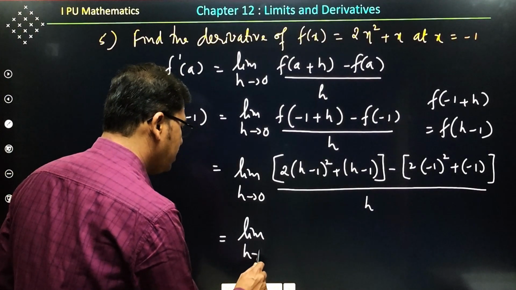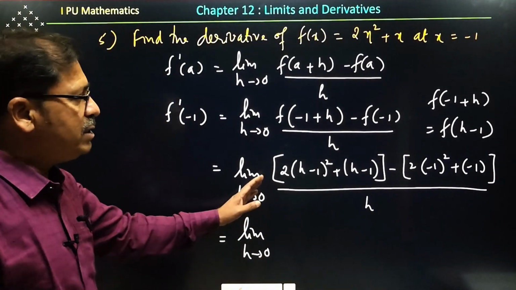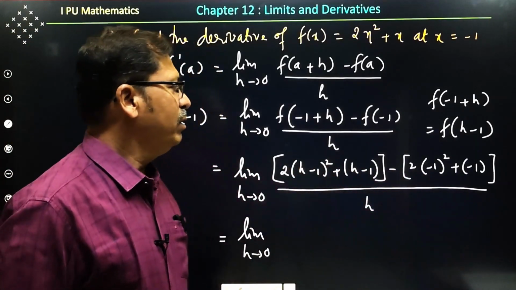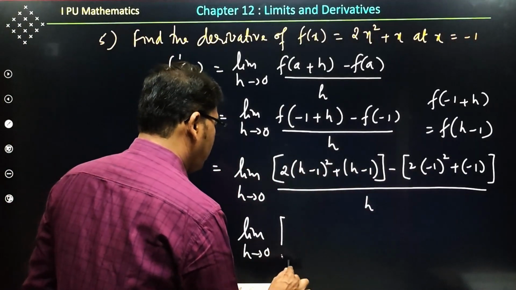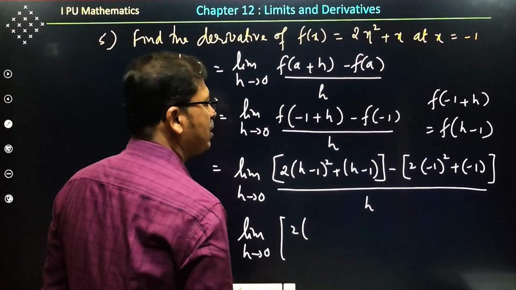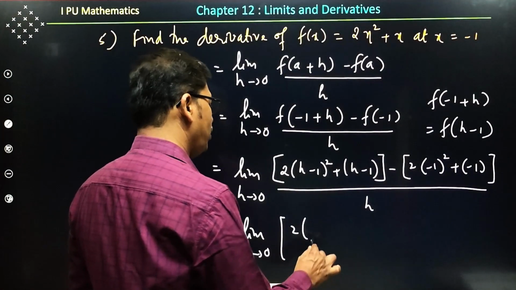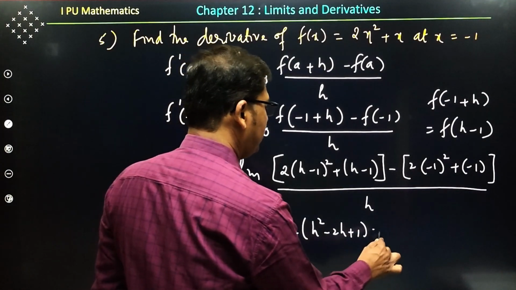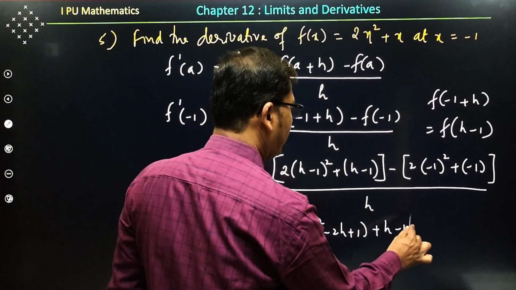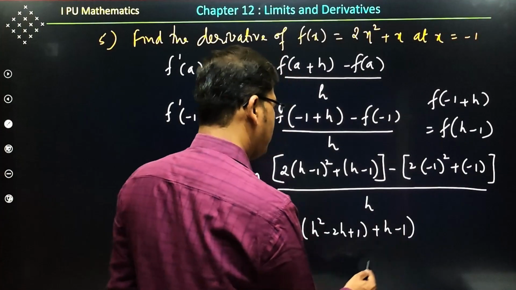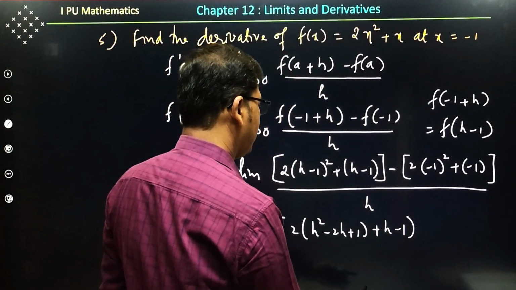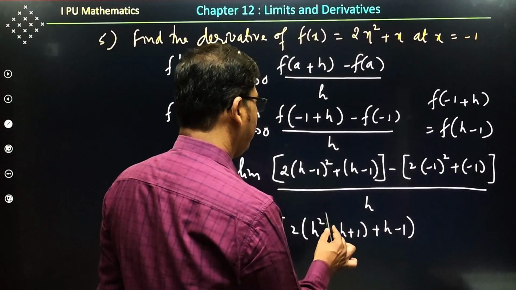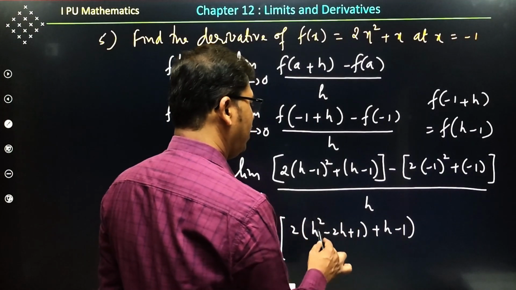Look, the step here is a little delicate, you should understand this. Now we have to simplify this. 2 into bracket, expand by using the formula a minus b whole square: h square minus 2h plus 1, plus h minus 1, remove the bracket. Then yes, it is correct. h square minus 2h plus 1, 2 outside, plus h minus 1.